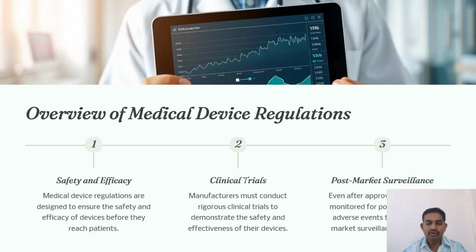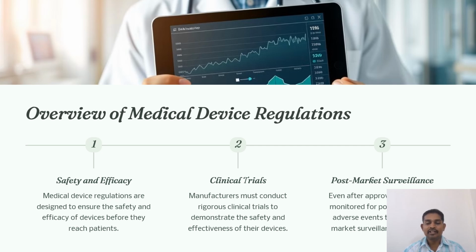Looking into the overview of medical device regulations, the first and foremost thing is about the safety and efficacy. The medical device regulations are designed by the US FDA to ensure the safety and efficacy of the device before it reaches the patients. The next thing is the clinical trials.